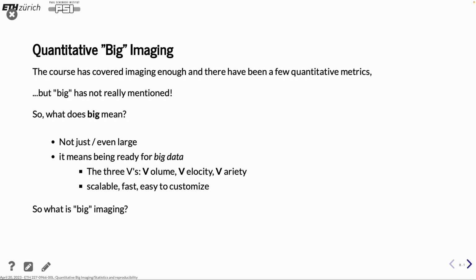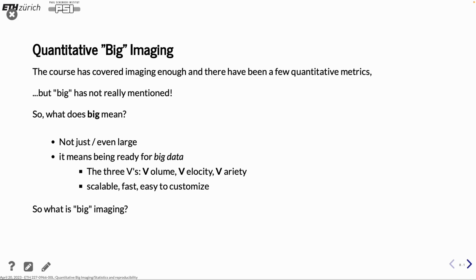So we have the 3 V's: volume, velocity, and variety. And that is the important thing. And that puts some requirements on the analysis. So the analysis should be scalable. What works on one image should also produce the same results on many other images.